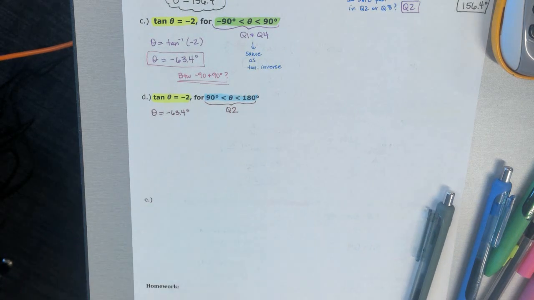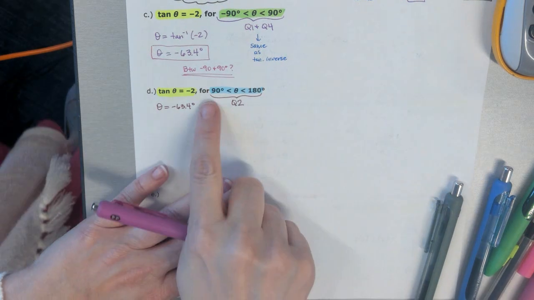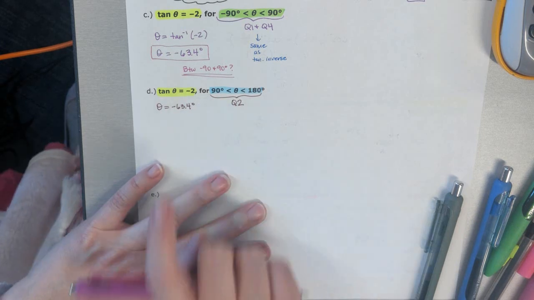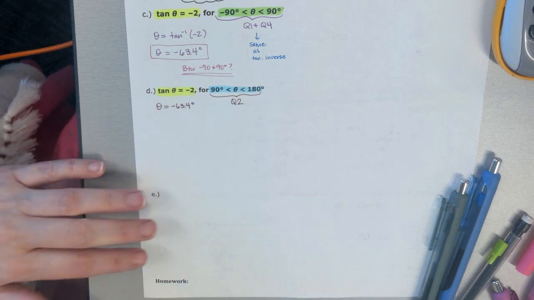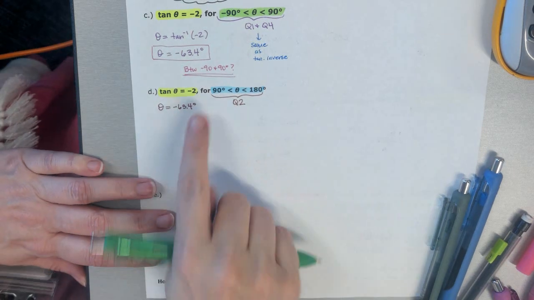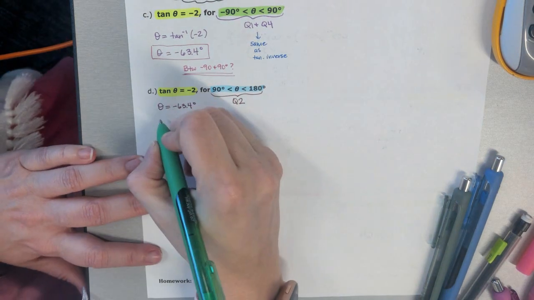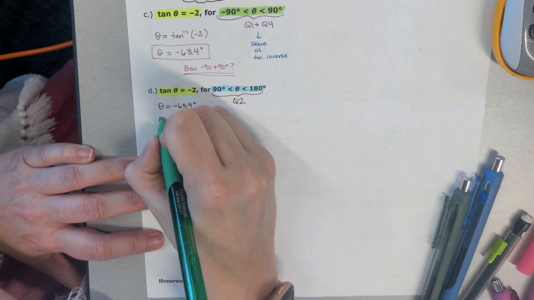So for this one, your equation is the same, so theta is negative 63.4. And then you just, again, ask yourself, is this between 90 and 180? No, it's not. Okay, so when it is not in between those, that means you have to use a reference angle.